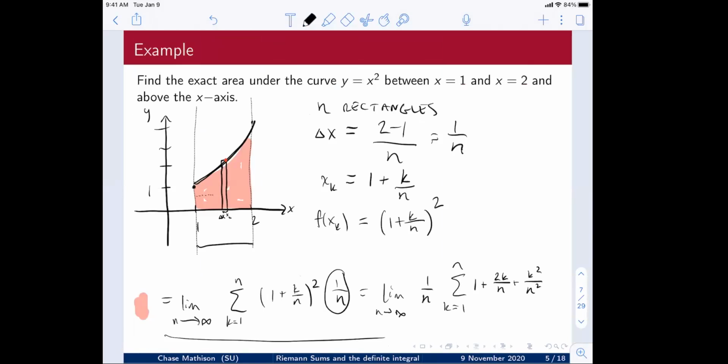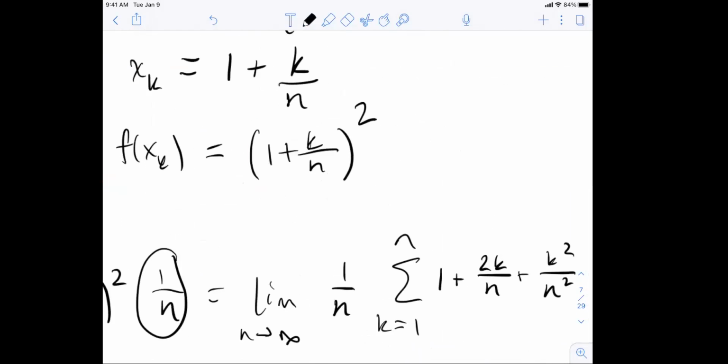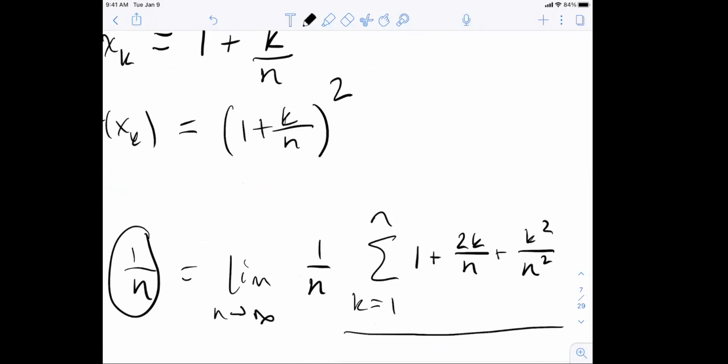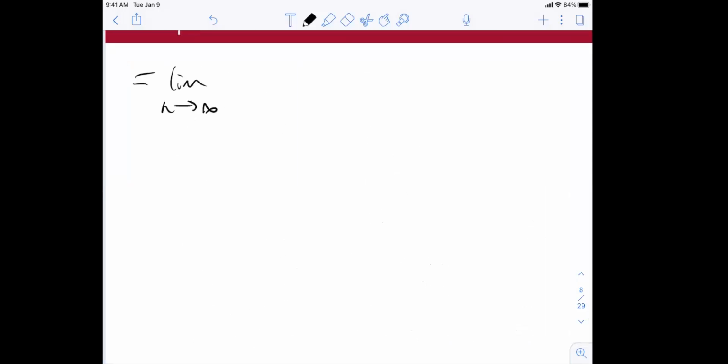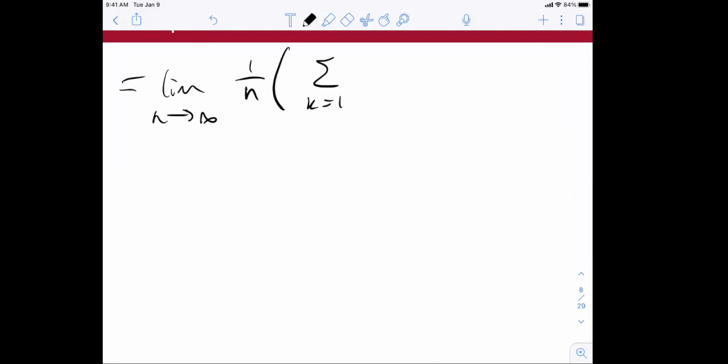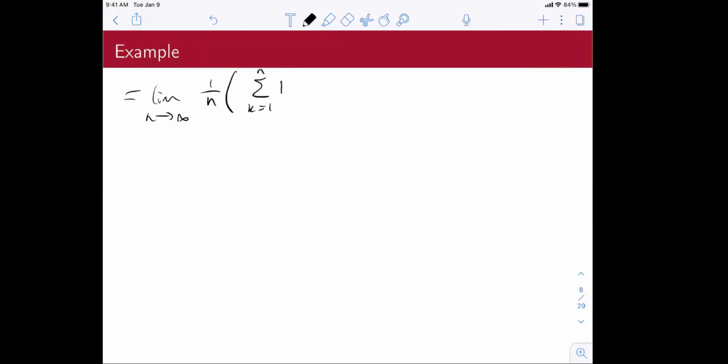All right, so this is equal to, well, let's come back. Remember, this sum just works like sums you're used to. You can break it apart into each of its individual pieces, okay? So this is equal to the limit as n goes to infinity of 1 over n, that's still out there, times first, the sum, k equals 1 to n of 1. That's that first part.